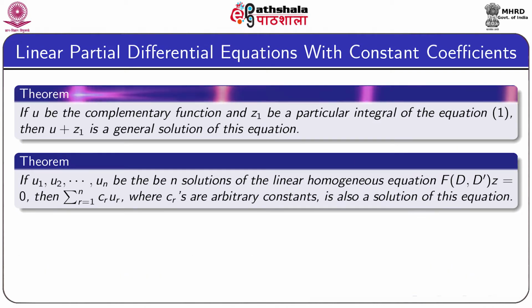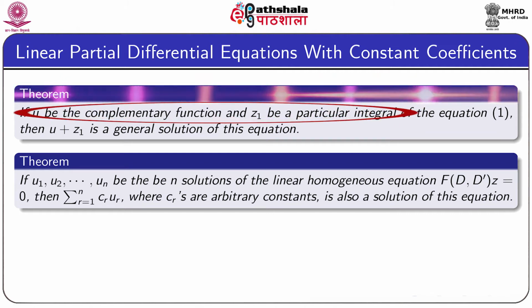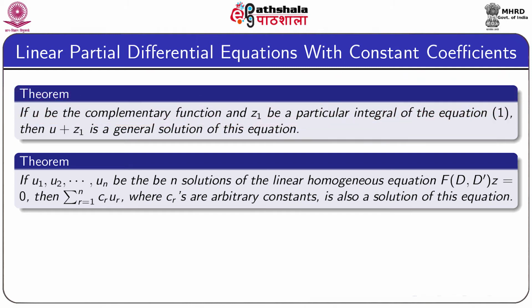There is a well known theorem which states that if u is the complementary function and z1 is a particular integral of equation 1, then u plus z1 is a general solution of the given equation, that means equation number 1.